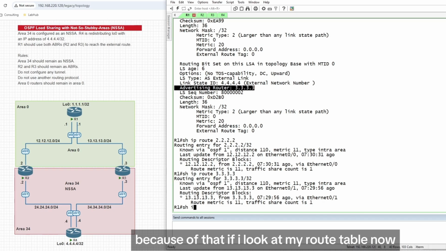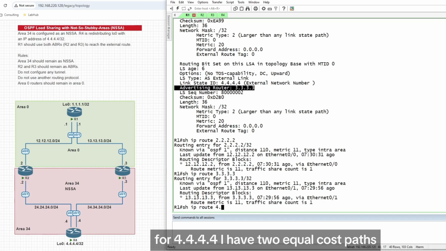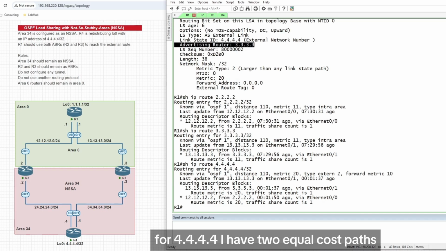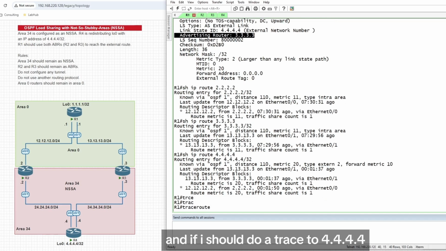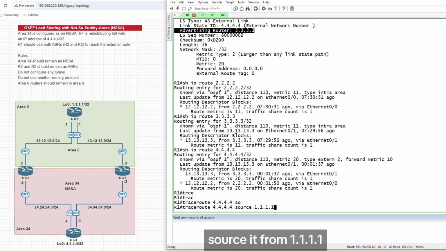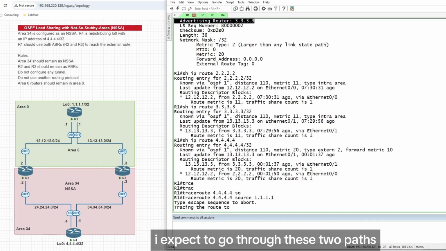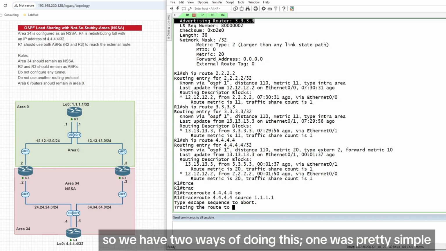Because of that, if I look at my route table now for 4.4.4.4, I have two equal cost paths. And if I should do a trace to 4.4.4.4, source it from 1.1.1.1, I expect to go through these two paths.